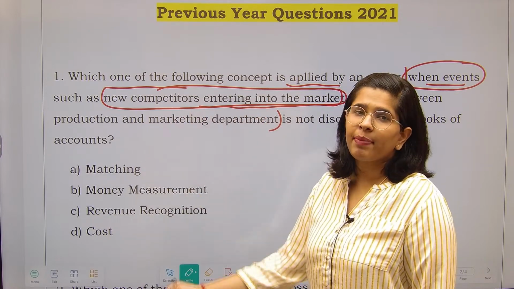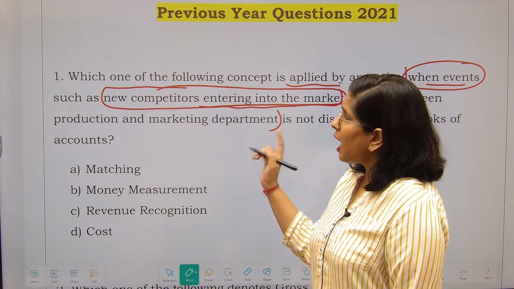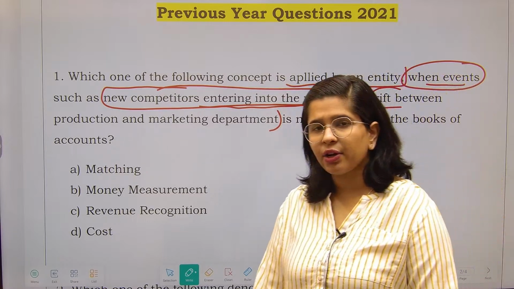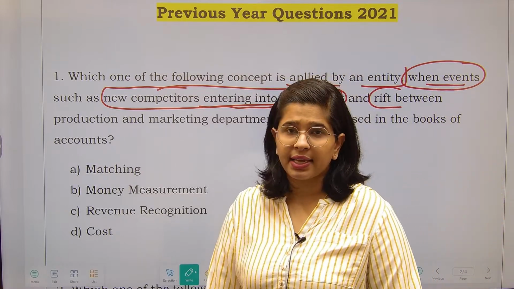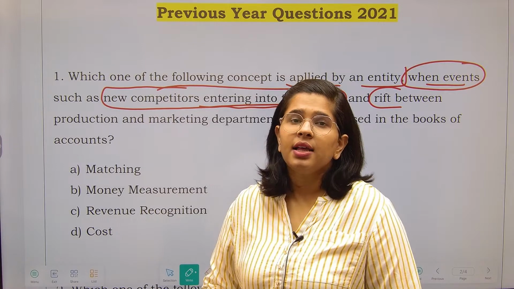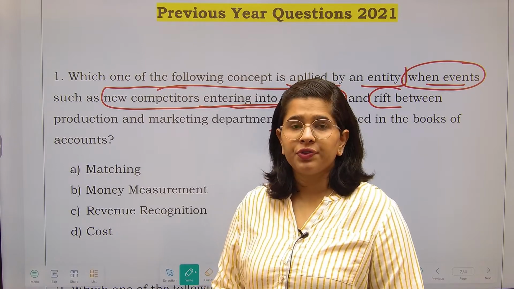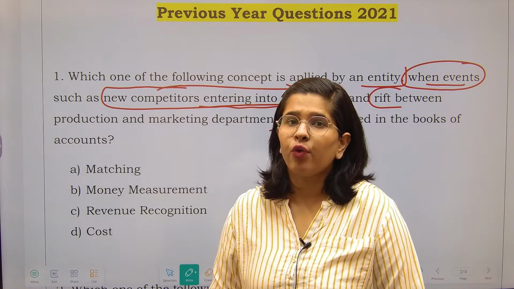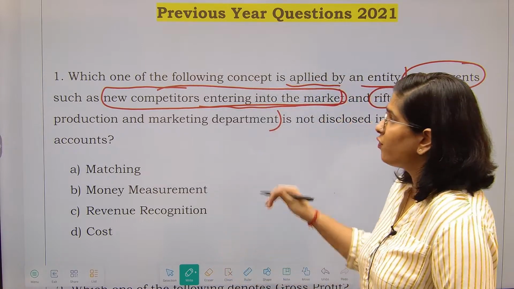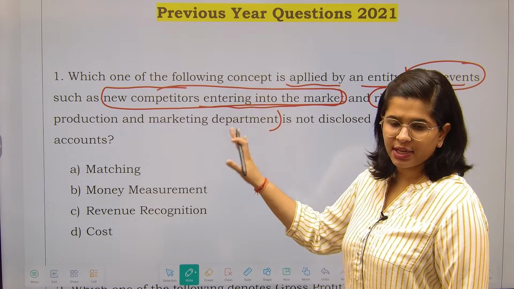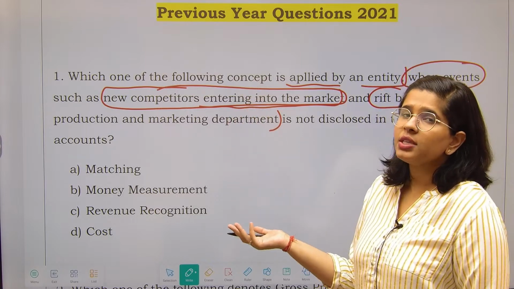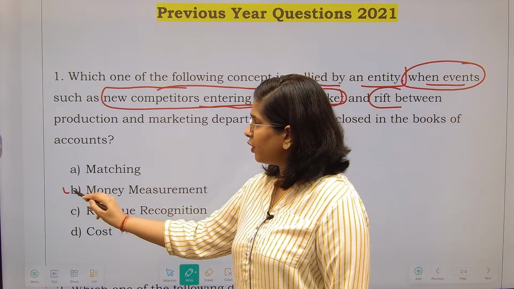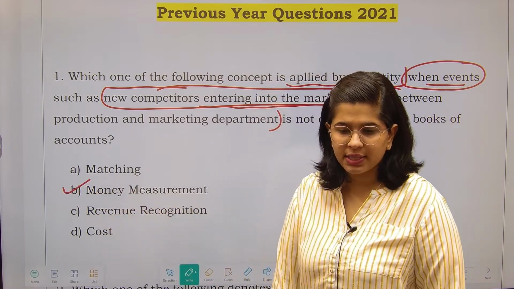Along with that, there is a rift between the production and marketing department. Such a rift we cannot measure in terms of money. Therefore, we have not recorded these transactions in the books of accounts because we cannot measure them in terms of money. So the concept being applied over here is the money measurement concept.